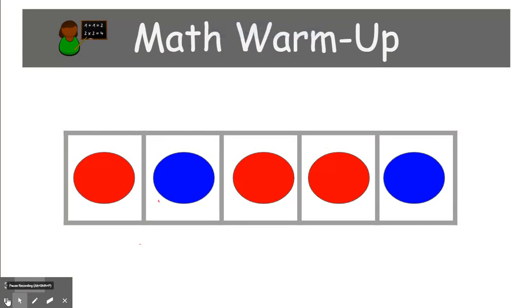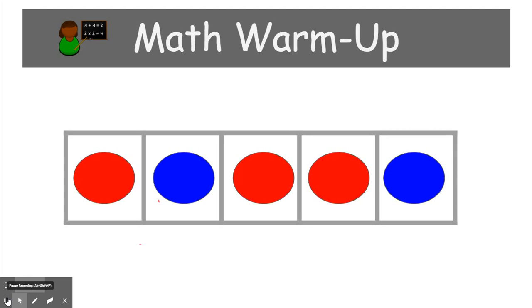So we're going to begin with our math warm up by looking at this 5 frame. So our 5 frame has both red and blue dots. And we call this 5 frame an irregular 5 frame because the dots are all mixed up.